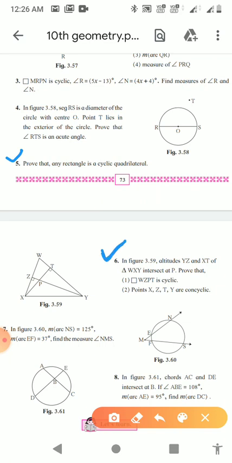In this question a diagram is given, and altitudes YZ and XT of triangle WXY, the major outer triangle, intersect at point P, which means these two altitudes intersect at this point.